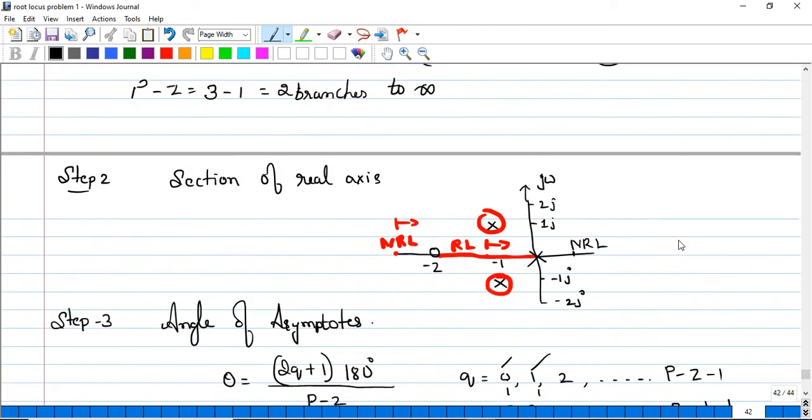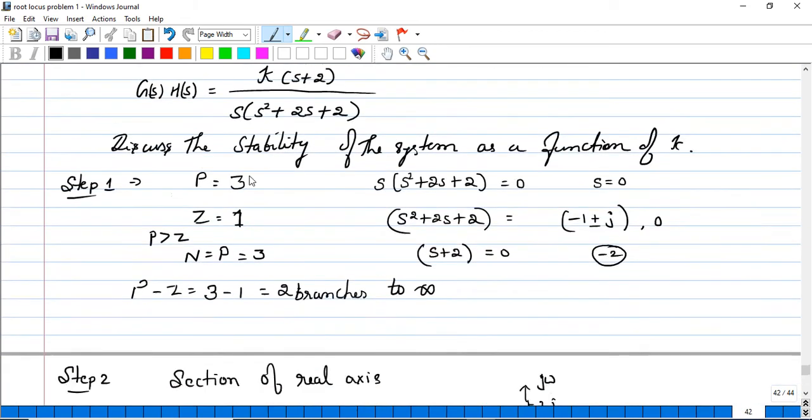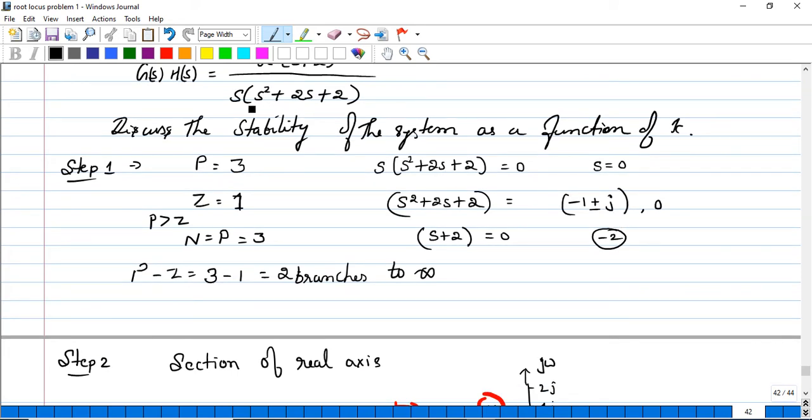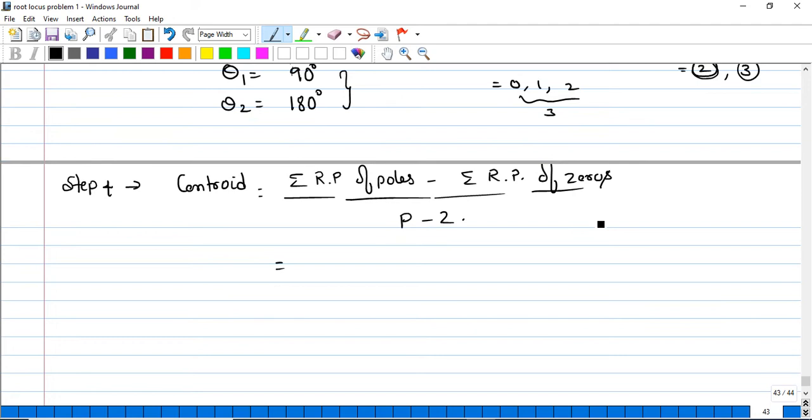So the roots, if you check, are 0, which is real, followed by minus 1. S square plus 2s plus 2 has roots minus 1 plus or minus j. So we have minus 1, minus 1. When I consider the poles, I have the roots 0, minus 1, minus 1.